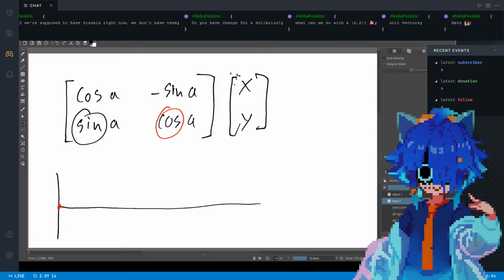And then we go up to pi over 4, and then we come down at pi over 2, then we come down even more at 3 pi over 4, and then we come back up.